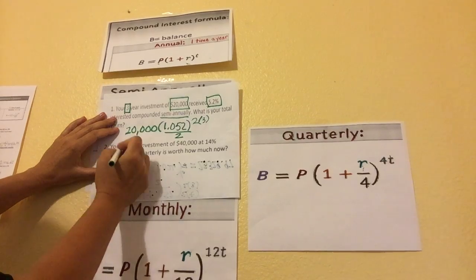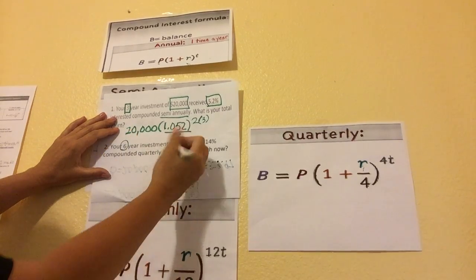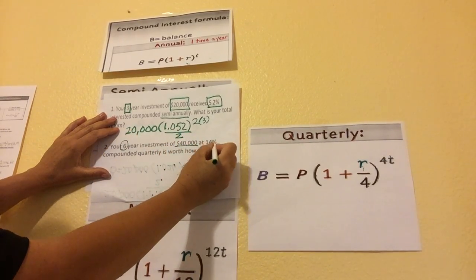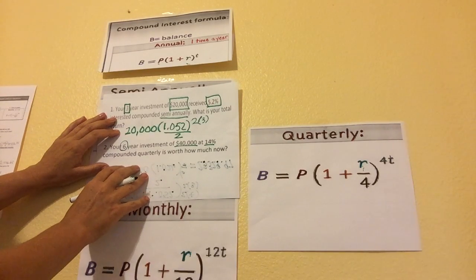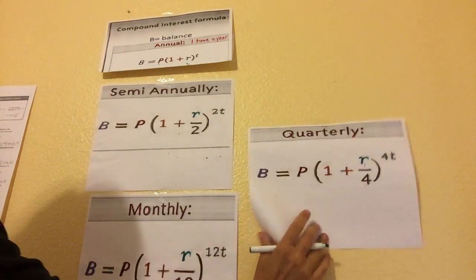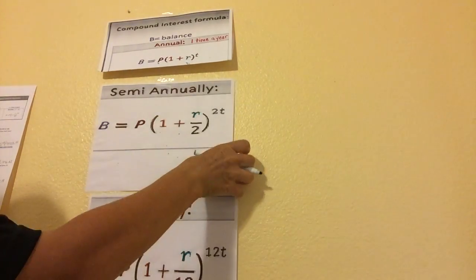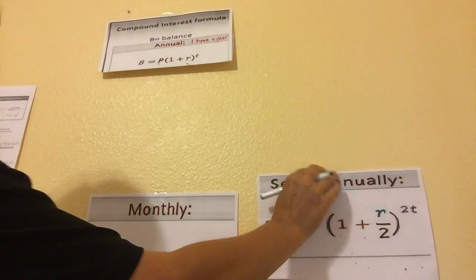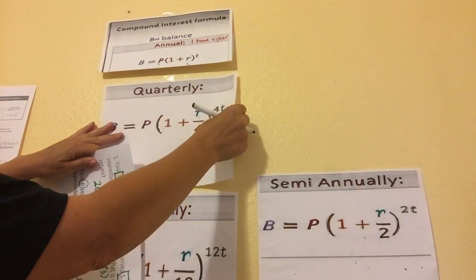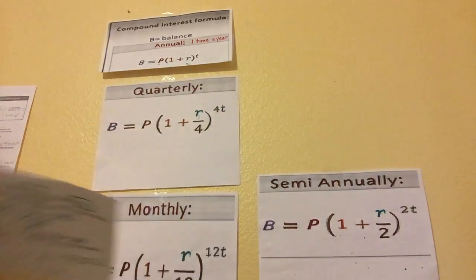Okay, so we have 6 years, we have 40,000, and we have 14%. So we have all the information we need for that. Okay, but we need to use our quarterly formula now. So here's our quarterly formula, okay?